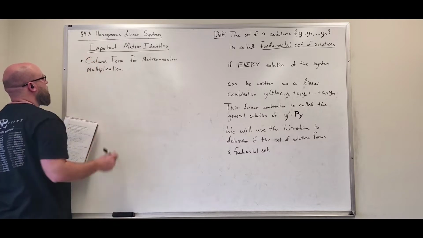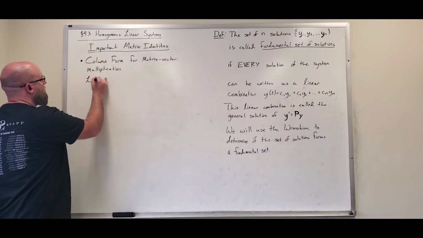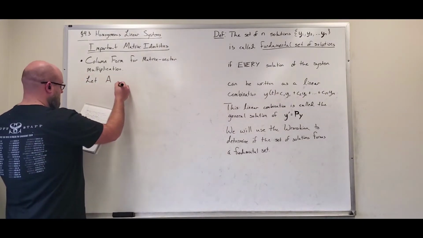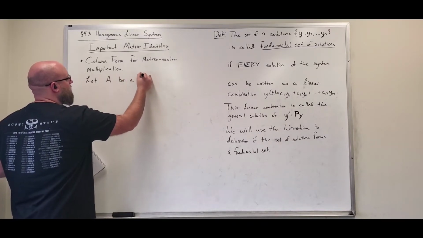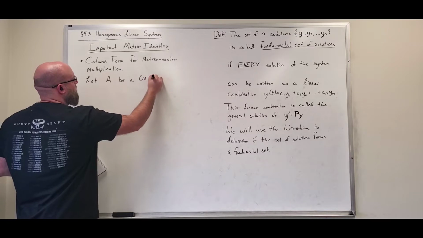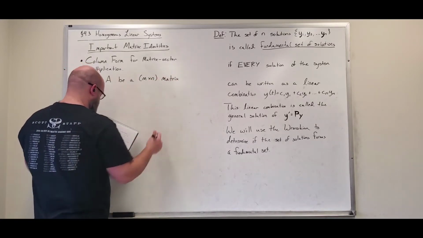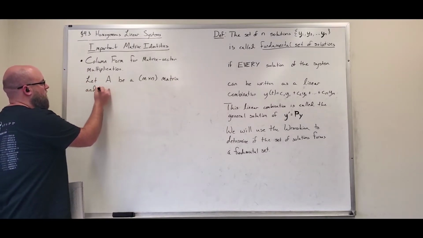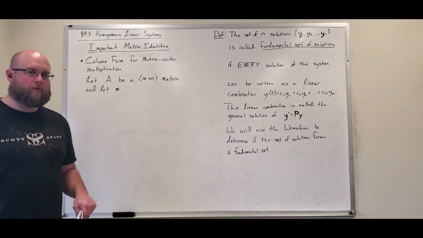So here we're going to let A be an m by n row column matrix, and let X be, and here I'm going to try to stay away from doing cursive X because I wanted to distinguish between the two.